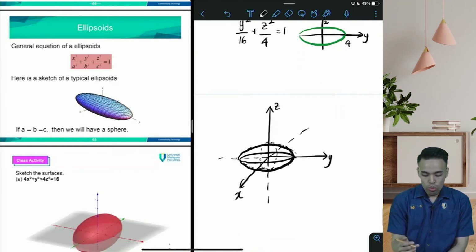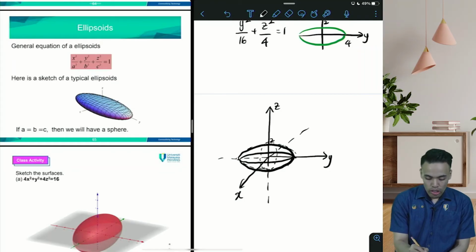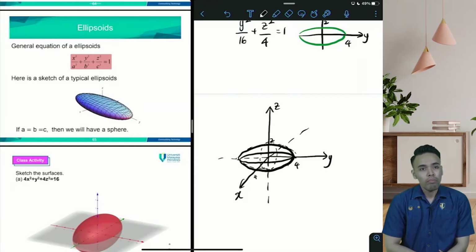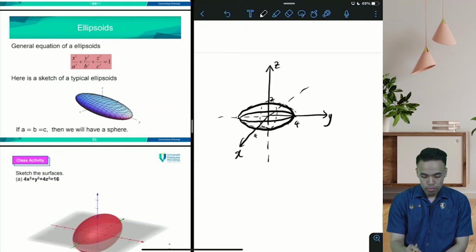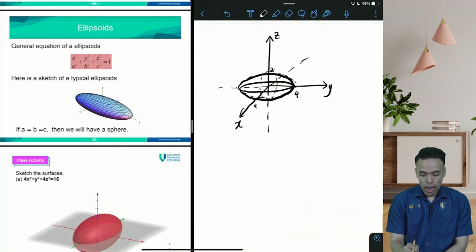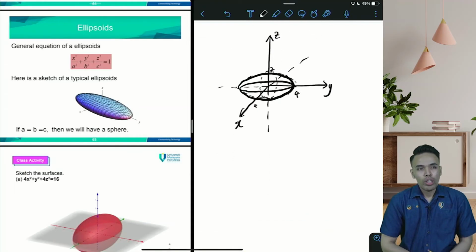So this is how you sketch the ellipsoid in a three-dimensional coordinate system. I really hope you can do a lot of exercises just to get yourself familiar with how to sketch ellipsoids, because the expression will remain the same.